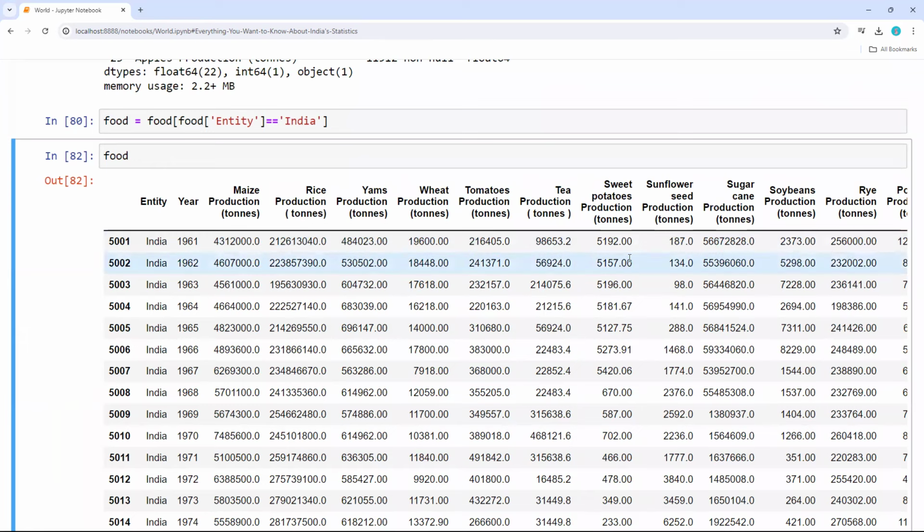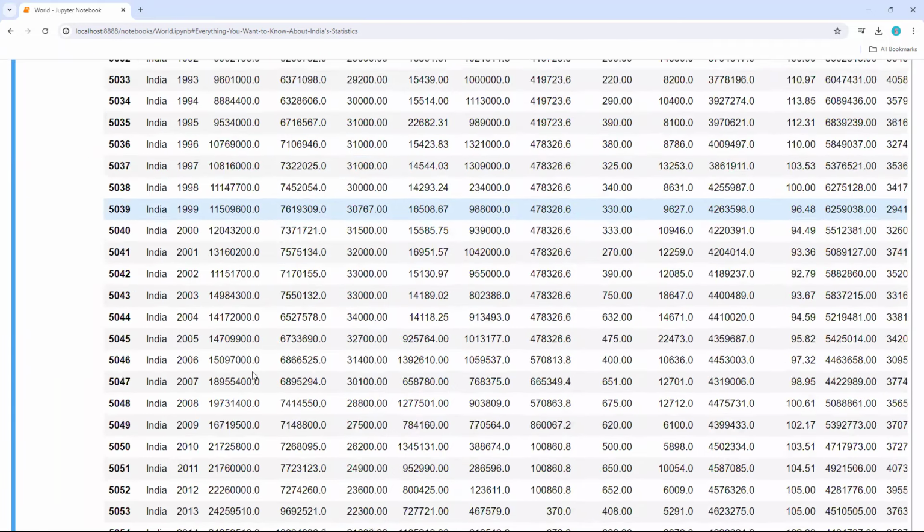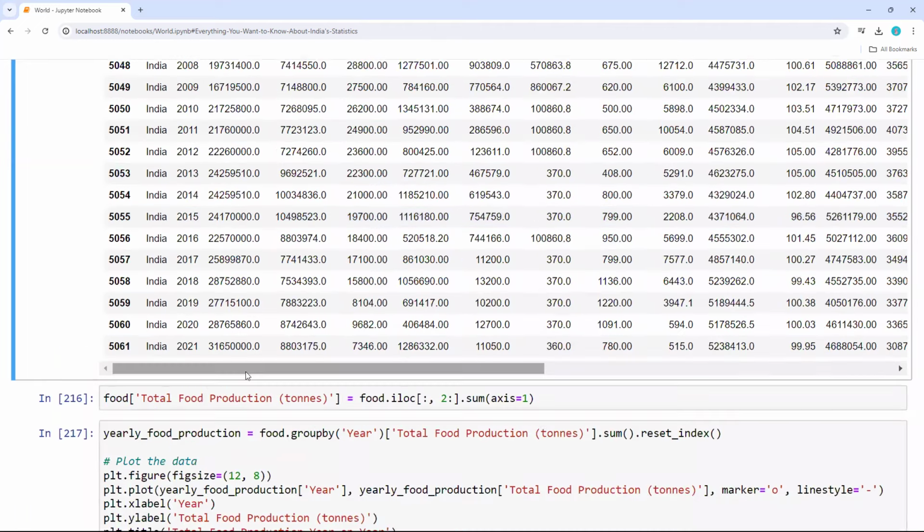There are different kinds of food productions, and the numbers are in tons. I have the data from 1961 till 2001, so my latest data is 2001.